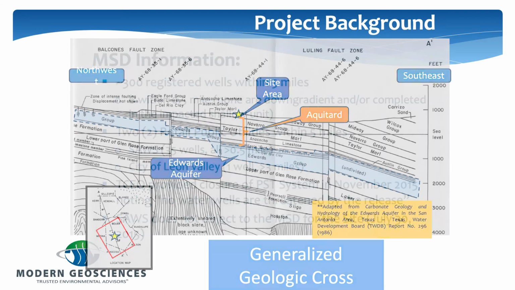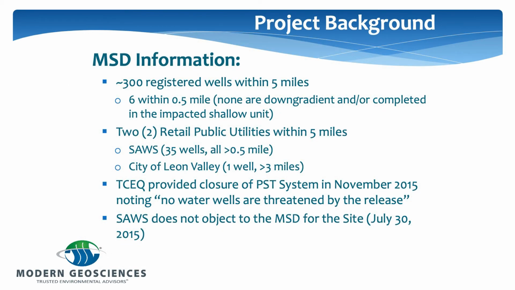So during the research to answer the questions that the City of San Antonio had for us, we looked for registered wells. How many potable water wells or irrigation water wells or other water wells are actually within 5 miles of the property? So in this case, there's roughly 300 of those. Of those, 6 were within a half mile. Those were registered, many of them actually still not present today.